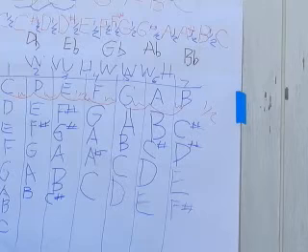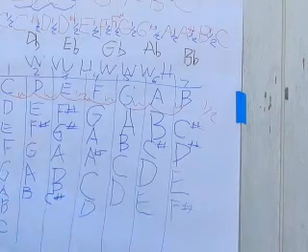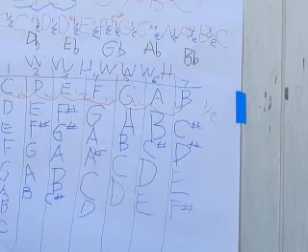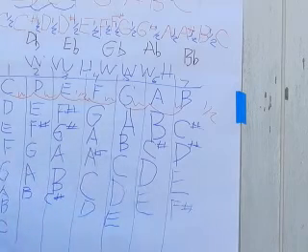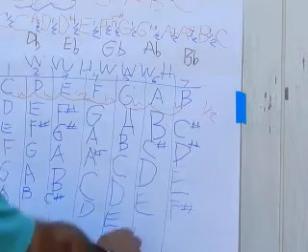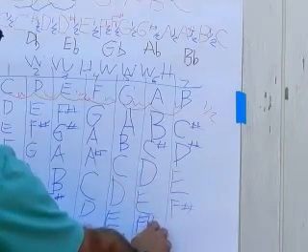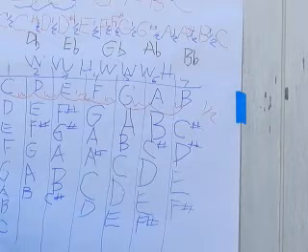Whole, now we have to do a half from C sharp, half a step up would be D. And then we're going to do the whole, half from D, whole step up would be E. E, whole step up would be F, and then F sharp. Whole step up would be F sharp, G, G sharp.